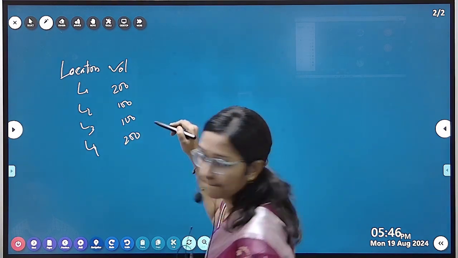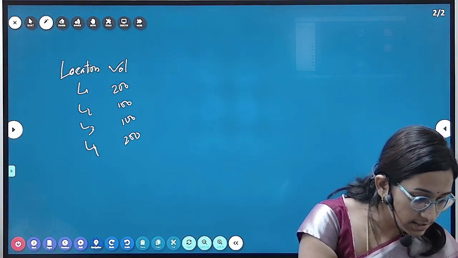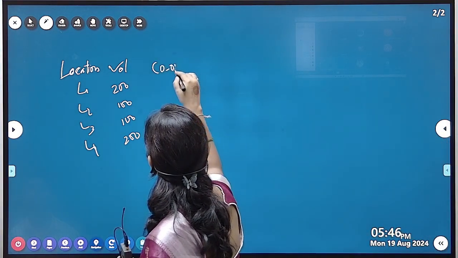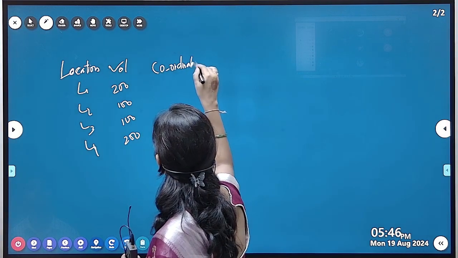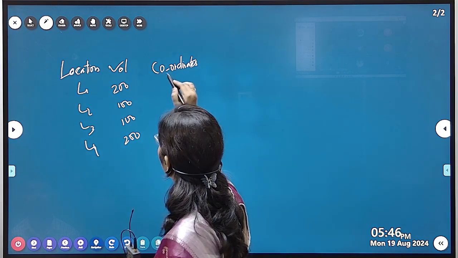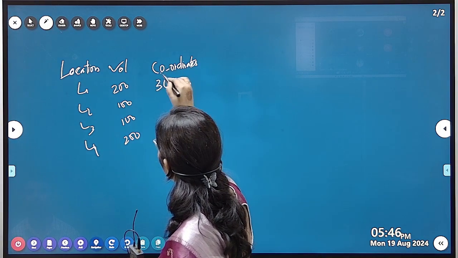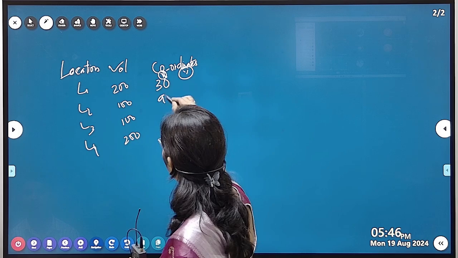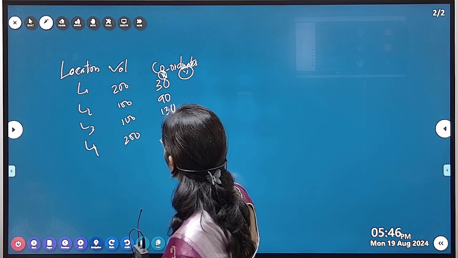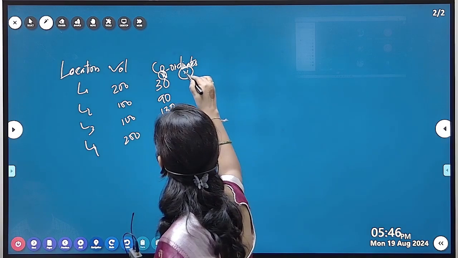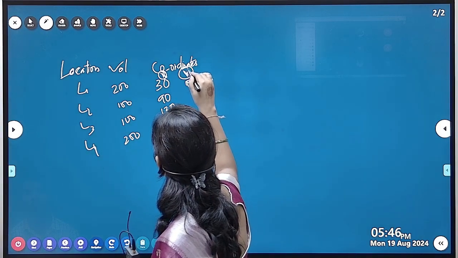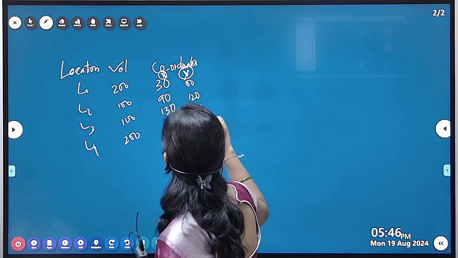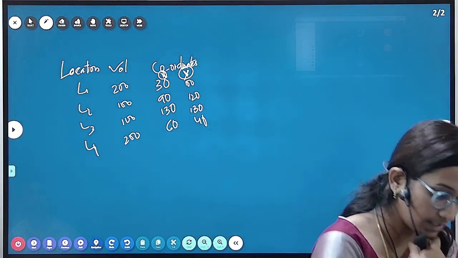Next, X and Y. So what are the coordinates? X: 30, 90, 130, 60. Y: 100, 120, 130, 40. So these are the coordinates they have given.